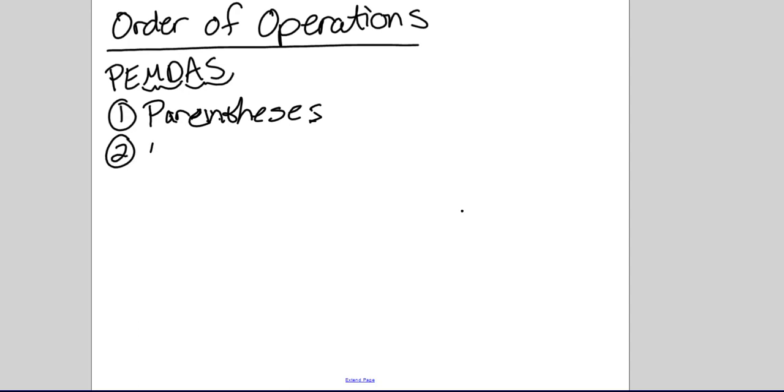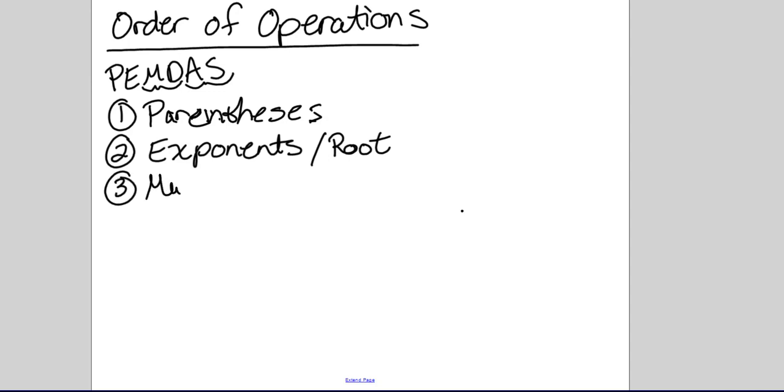Next, E is for exponents, like we just talked about. And since square roots are the opposite of squaring something, doing any sort of root goes along with this step as well. Then step 3, here's the M and the D. Multiply and divide from left to right.